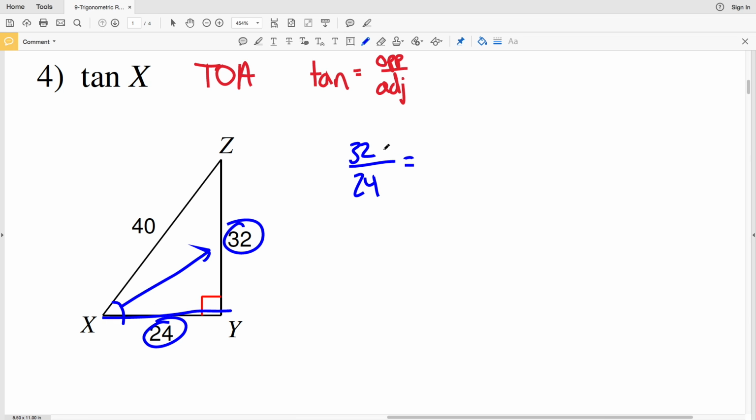So the tangent, 32 over 24, both of those are divisible by 8. So if we divide the numerator by 8, we get 4, and if we divide the denominator by 8, we get 3. So 4/3 is the tangent of X in number 4.